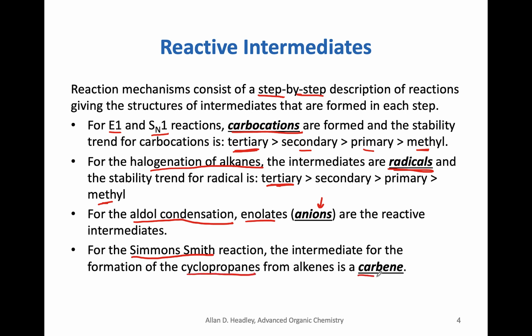The reactive intermediate for those type of reactions are the carbenes. So these are the 4 types of intermediates that are typically formed for organic reactions, and throughout this course we will study these intermediates.